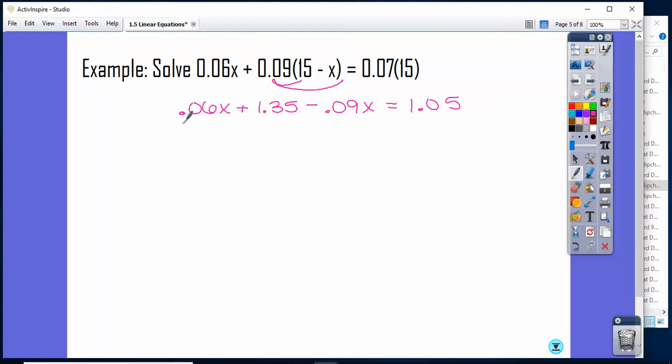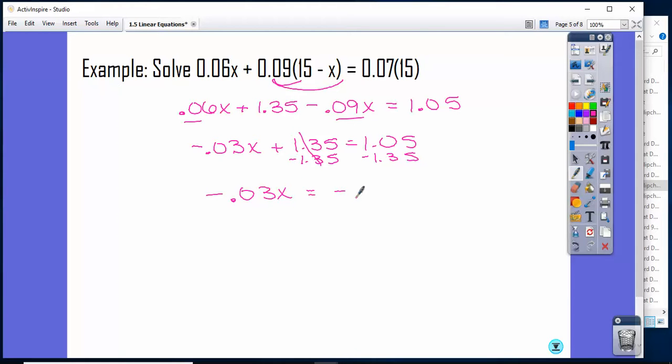So combine like terms. Positive 0.06 and negative 0.09 is negative 0.03x. Subtract over my 1.35. Negative 0.3. Okay.